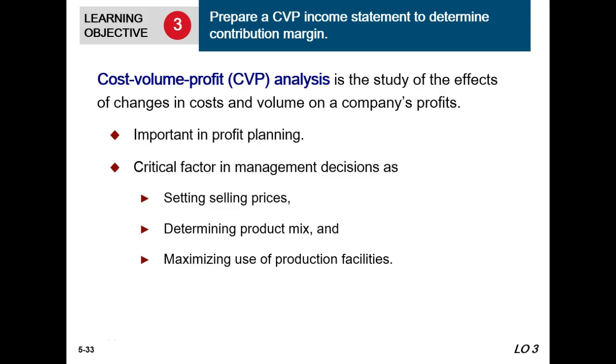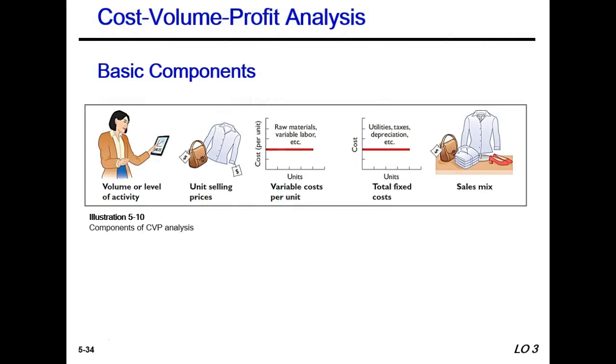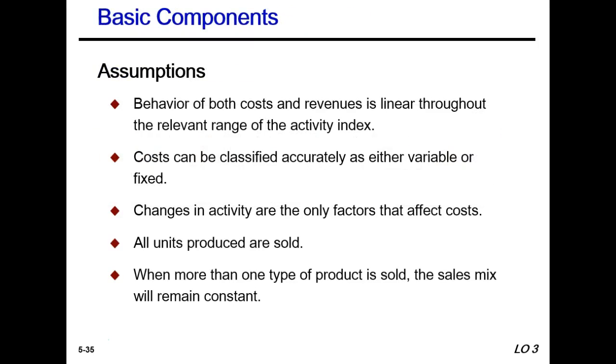They use it in setting prices and determining production mixes and using the facilities to their fullest. So when we deal with CVP, we're dealing with the volume of activity or the level, the selling prices. We need to know the variable costs and the fixed costs to come up with what we call a sales mix.